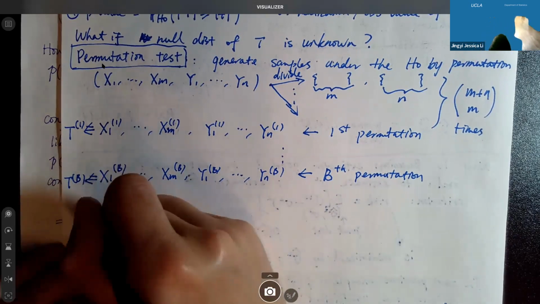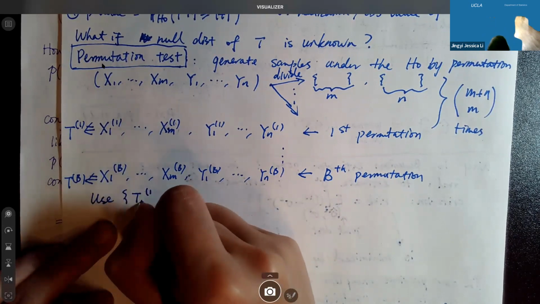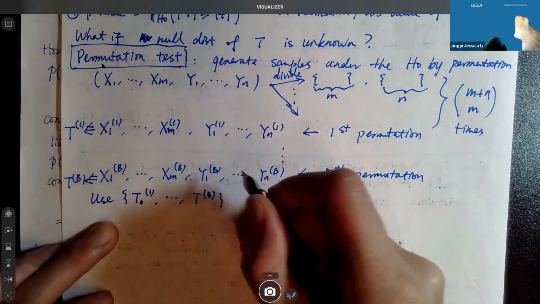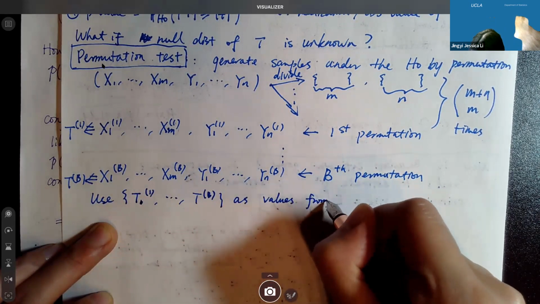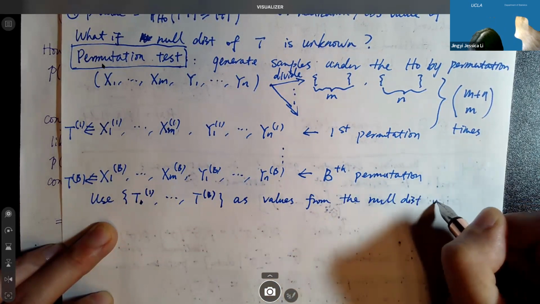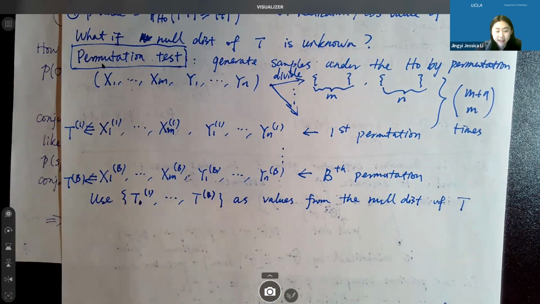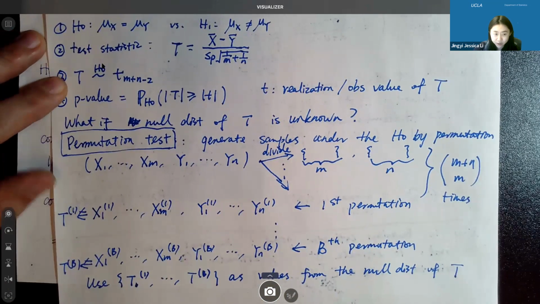So use this set T_1 to T_B as values from the null distribution of this test statistic T. We basically replace step 3 by this permutation.